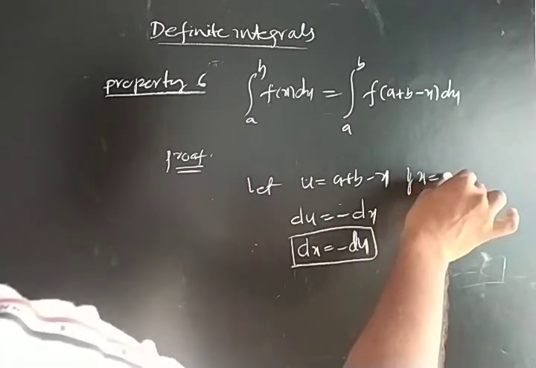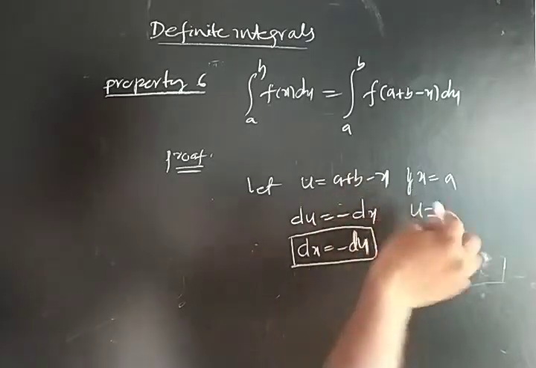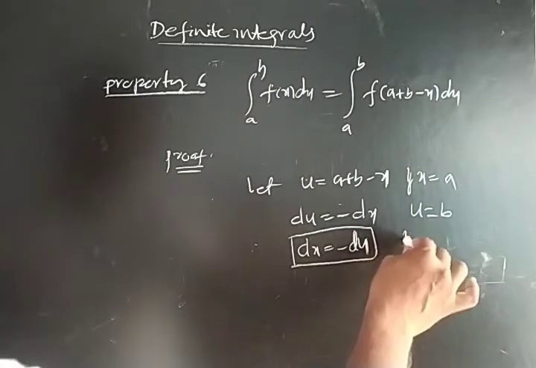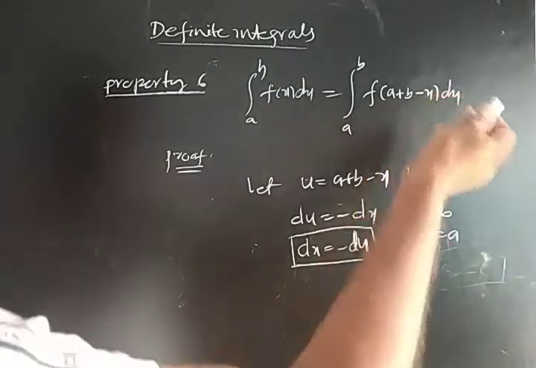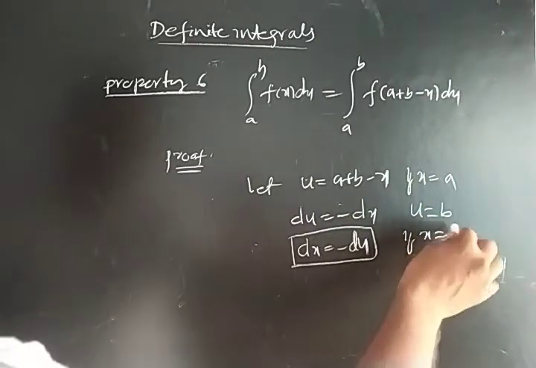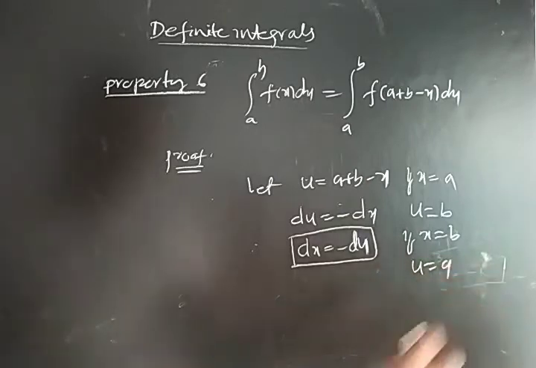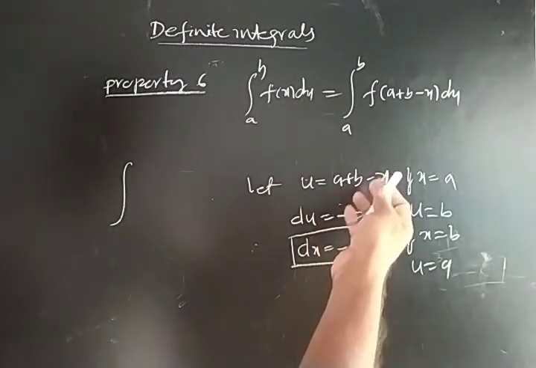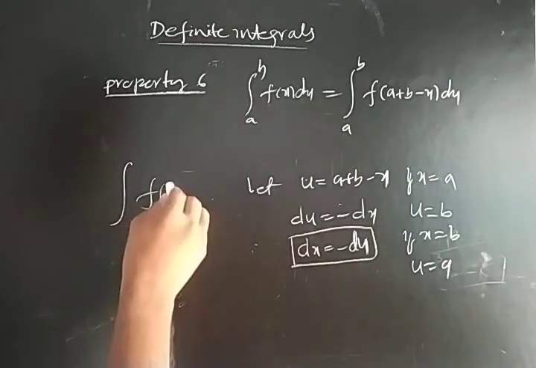So the limits also: if x is equal to a, then what is u? Substitute here, a cancels, u will be b. So the lower limit becomes b. And if x equals b, for the upper limit, here b cancels, u will be a. So in the right hand integration, in place of a plus b minus x I substituted u, so it becomes f of u.